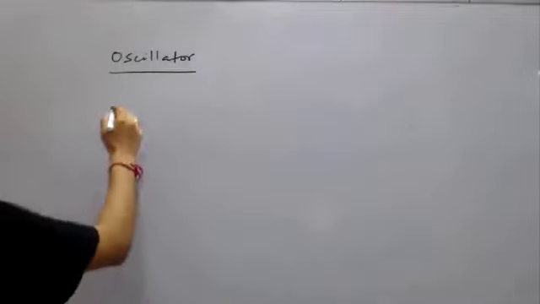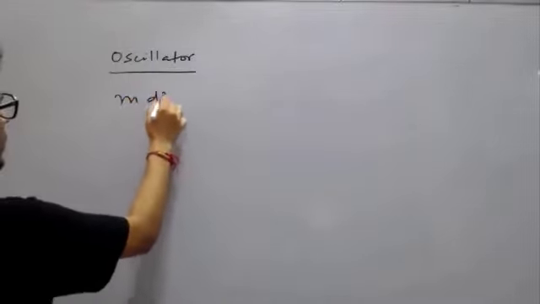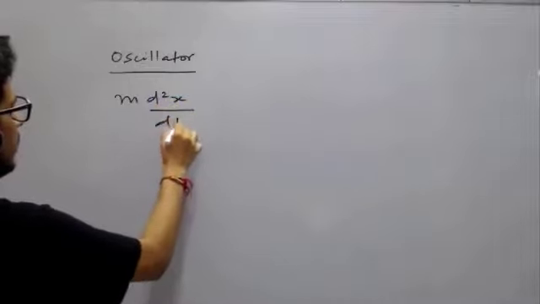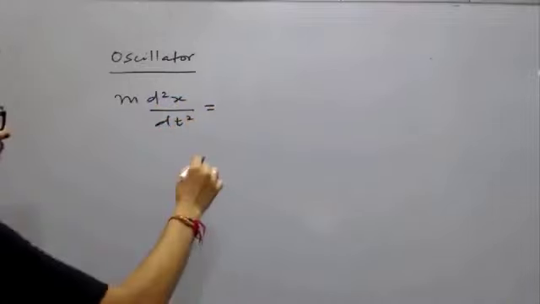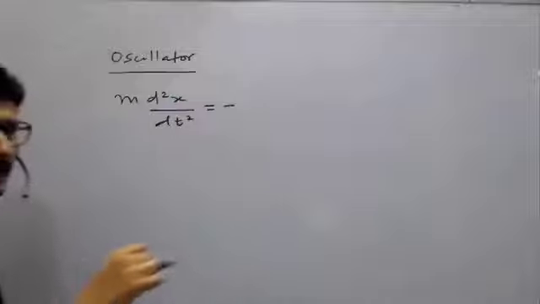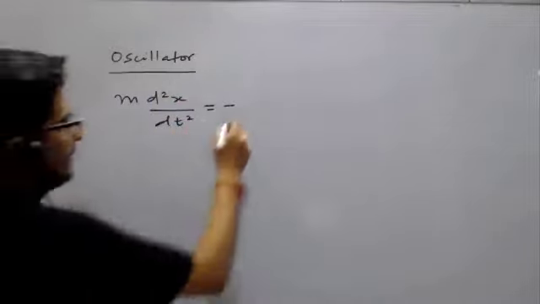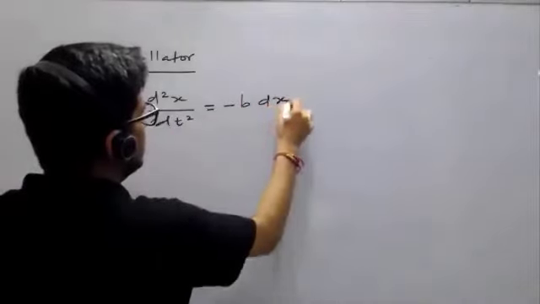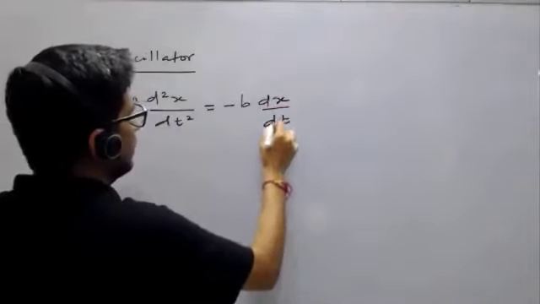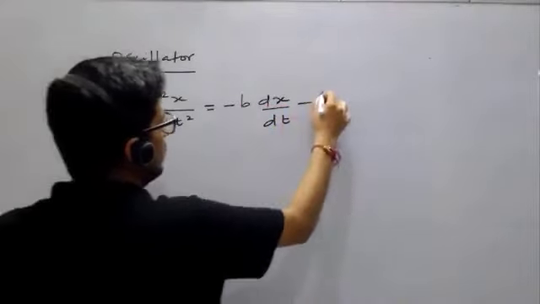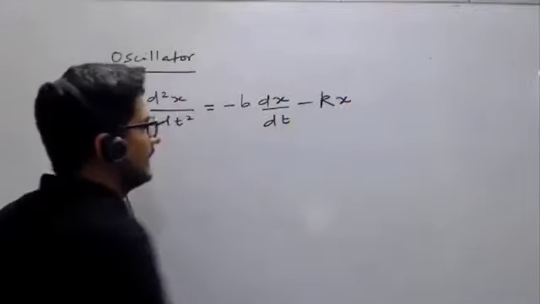If I write, you have force on this side, m d2x by dt2, and that is equal to minus, if you see there is a damping, then you will write minus b dx by dt, and if there is a restoring term, you will write minus kx.